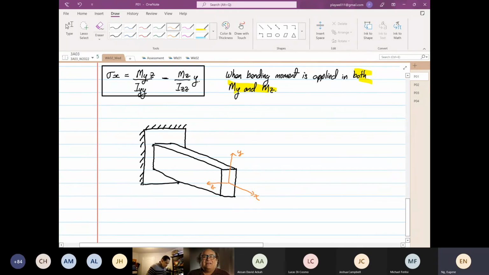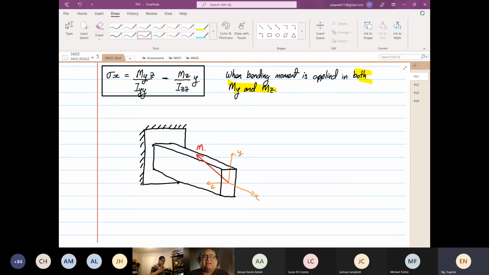So now the applied moment is applying this way. Okay. So I'm going to call that our M. The applied moment, based on the transformation that we see, has a component about the y-axis and a component about the z-axis.